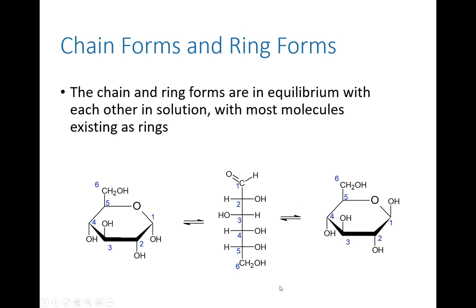If we just say D-glucose, that means we could technically have any of these forms. So the chain form cannot have alpha or beta because we don't have an actual position yet on the ring. So again, notice the big difference here. Carbon number 1 is an aldehyde in the chain form, but it is now an alcohol in the ring form.